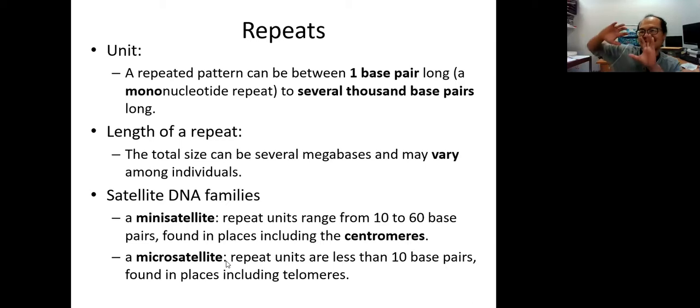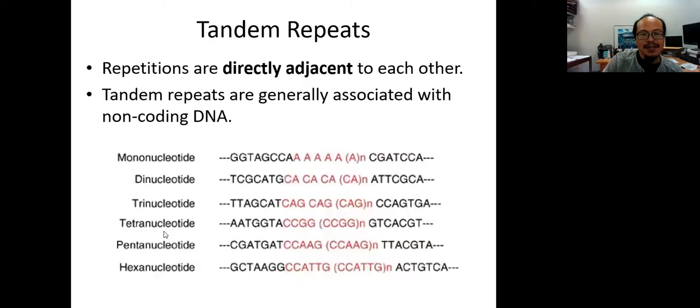So basically, it's kind of like a satellite, like a remote area. It has multiple repeats. So that's minisatellite or microsatellite. Let's take a look at it. Tandem repeats are continuous.